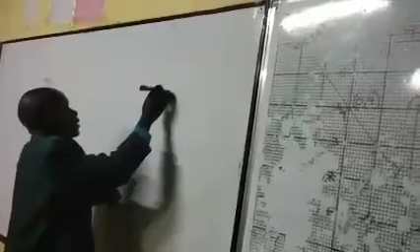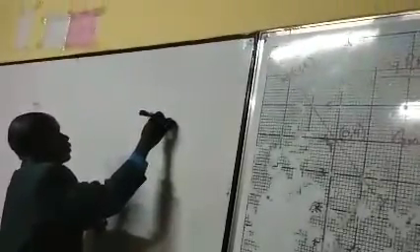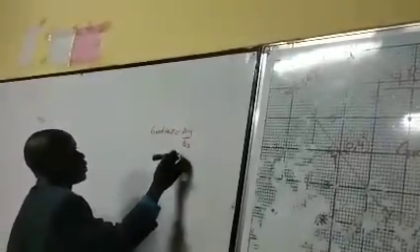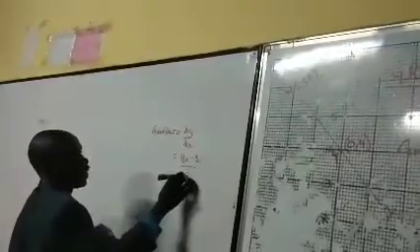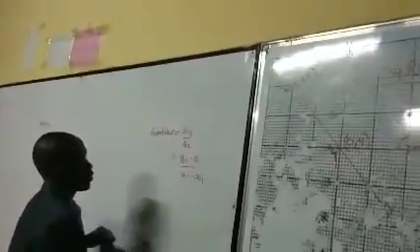And therefore, for us to find the gradient, which is change in y over change in x, it will be y2 minus y1 over x2 minus x1.